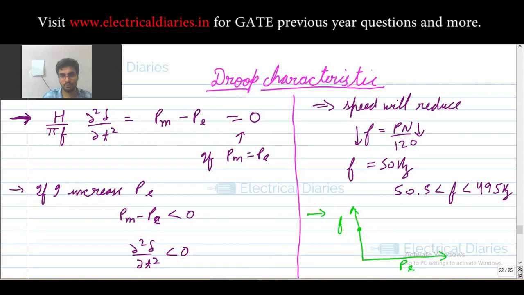Let us say your generator was operating at this frequency at no load, that is your Pe is 0. Okay, so as you increase load, your frequency will decrease. Okay, so this is known as the droop characteristic of any synchronous generator. Okay, so it is a straight line with a negative slope. So that I hope you can see. So this is the droop characteristic.